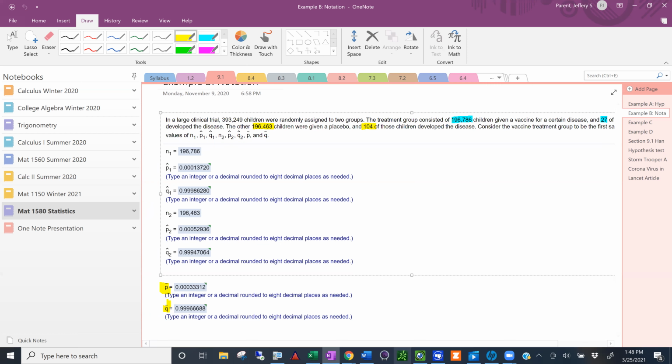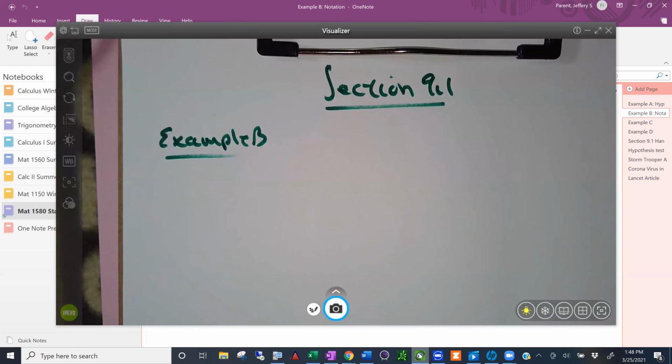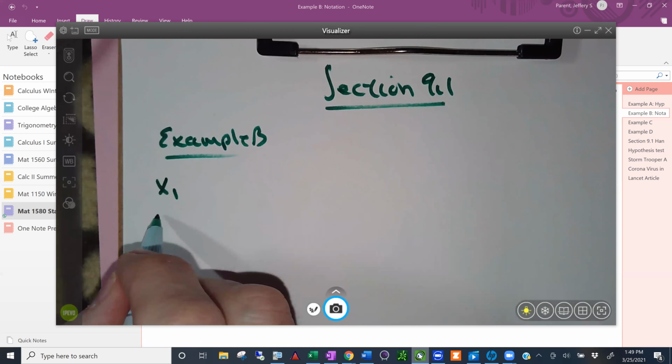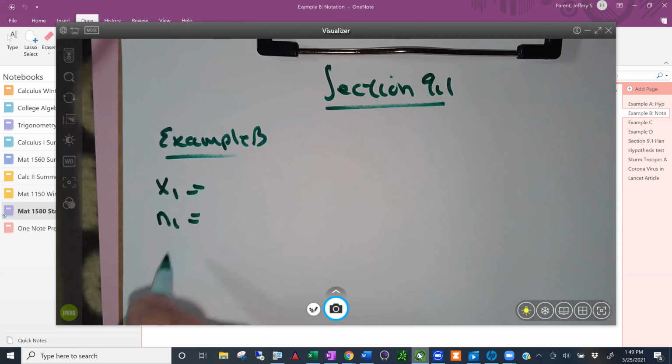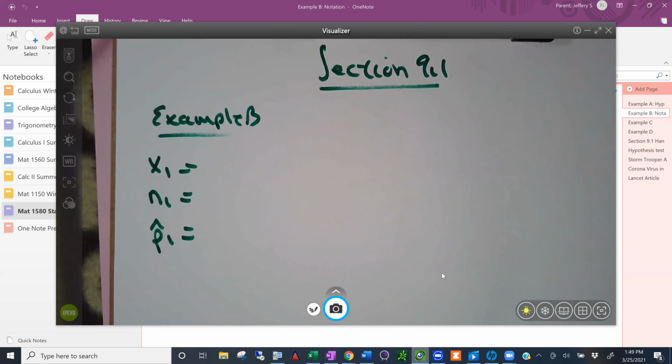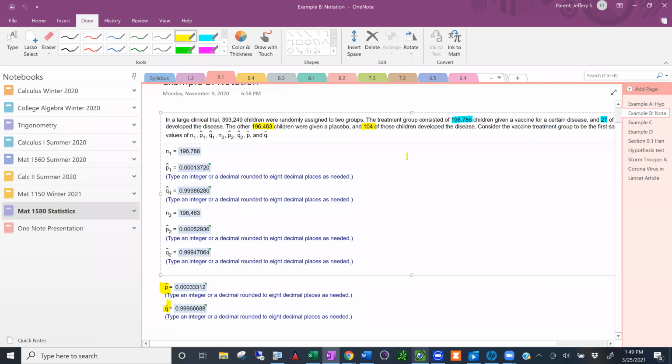So let me start by sharing with you my screen as to what I'm going to be writing down. I still want to write down x1 and n1, and then p hat 1. Now x1 is going to come from our first sample. So reading this in order, I've written things here in blue.